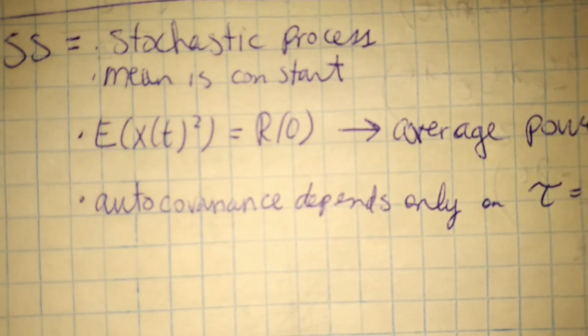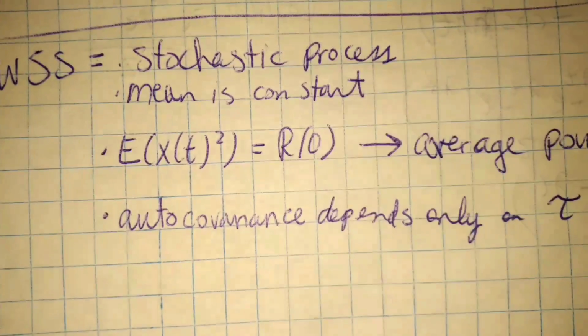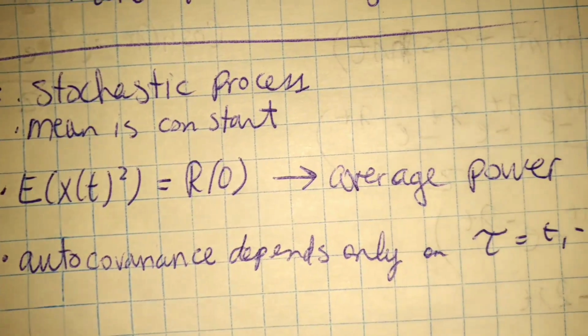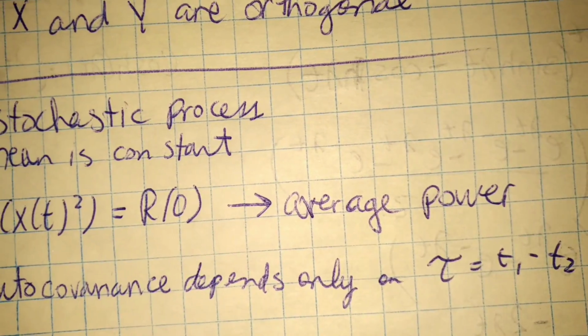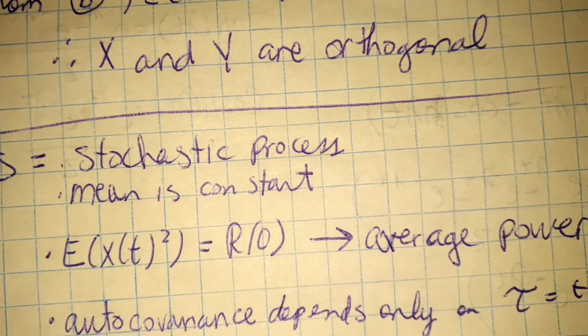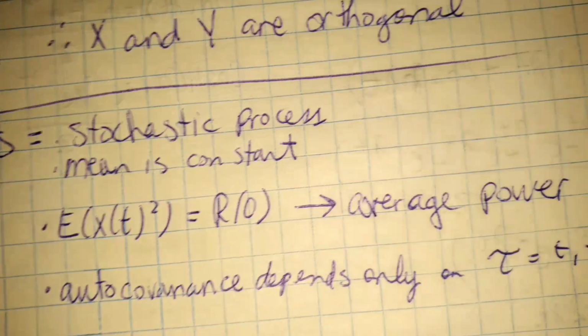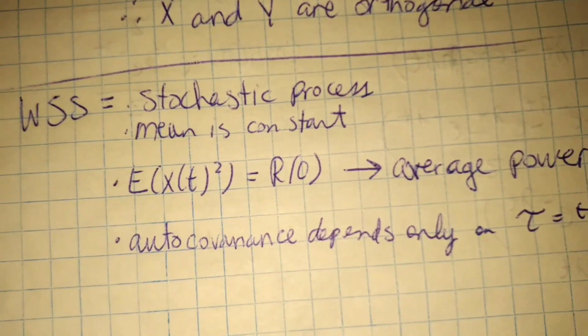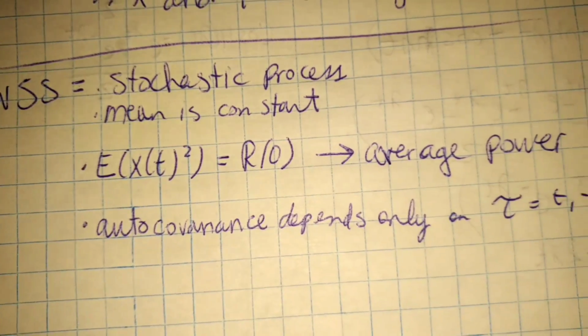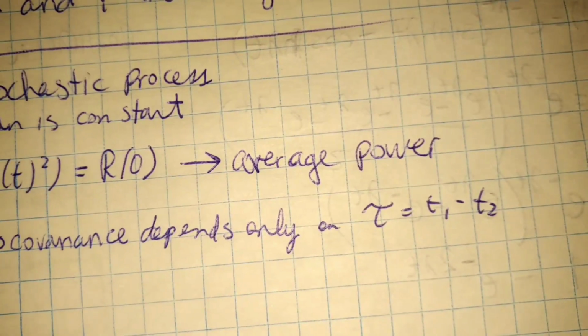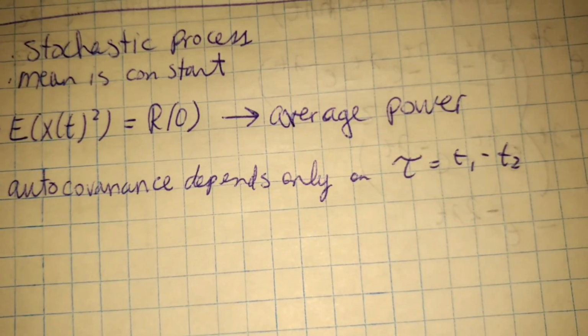We know that e of x of t squared is equal to the autocorrelation of 0, and that is equivalent to the average power. Another way to say it is that the average power is equal to the autocorrelation of 0. We also know that the autocovariance depends only on tau equals t1 minus t2, similar to the autocorrelation.